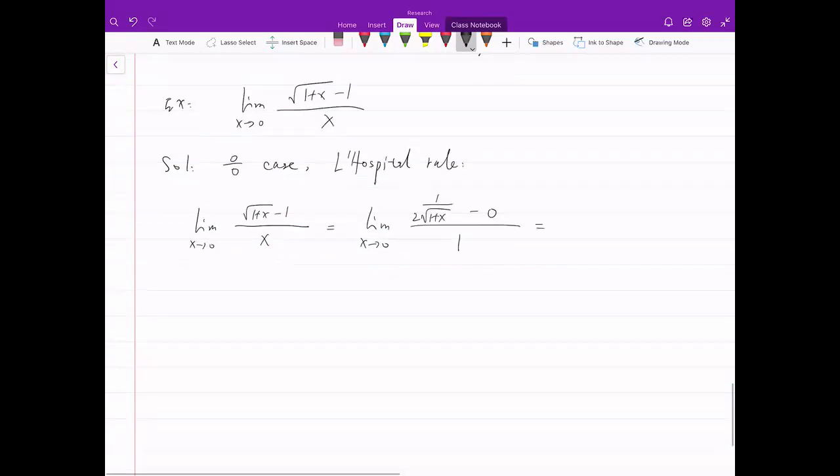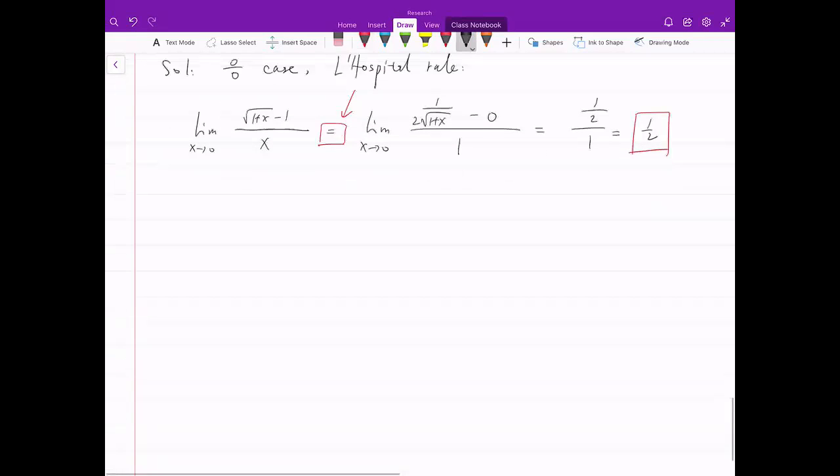What's the limit? Well, that's going to be 1 over 2 divided by 1, which is 1/2. No conjugate, no anything. Just take the derivatives. Of course, L'Hopital's rule happens here when you can take the derivative. Sounds good?